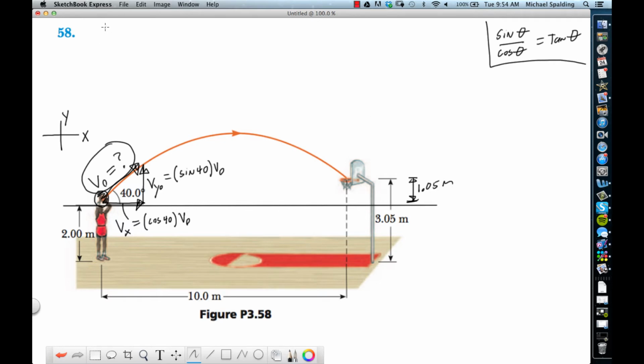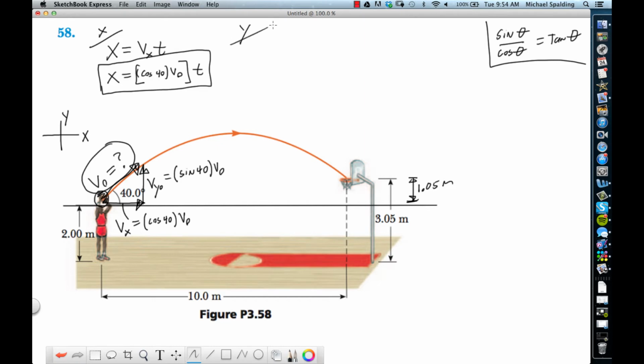All right, so for the x direction, there's only one equation because the x acceleration is 0. So the only x equation is x equals Vx times t. But what is Vx? Vx is cosine 40 V initial. So x equals cosine 40 V initial times t. This right here is our x equation. For our y equation, the first kinematic is the one I always look to first.